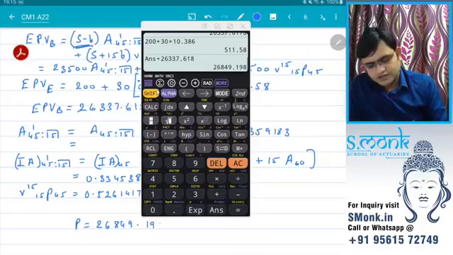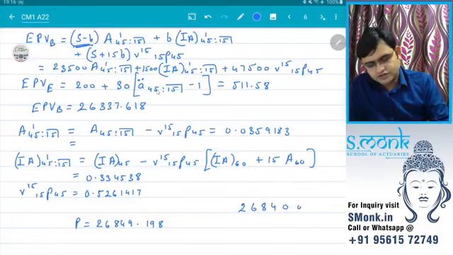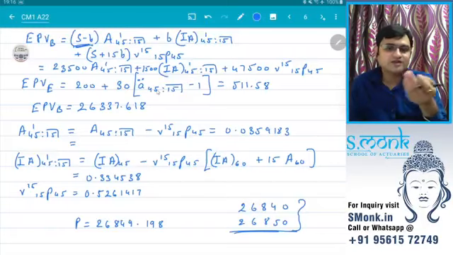Now these answers should be at least 4-digit accurate. So you can say the final answer could be 26840, or it could be 850. Anywhere between these two will be accepted, or maybe a little bit more than 5.